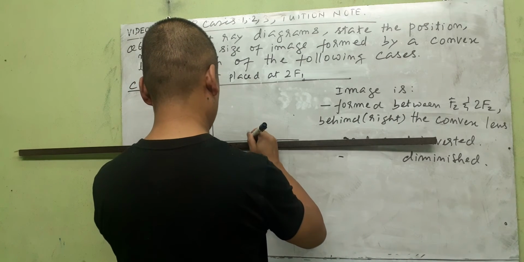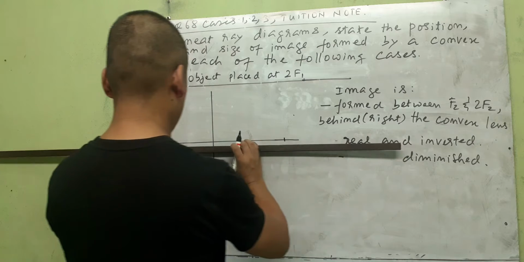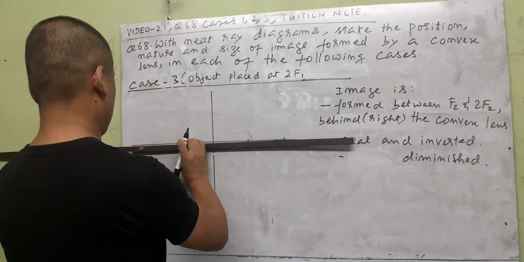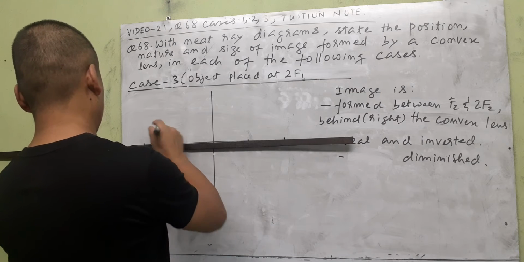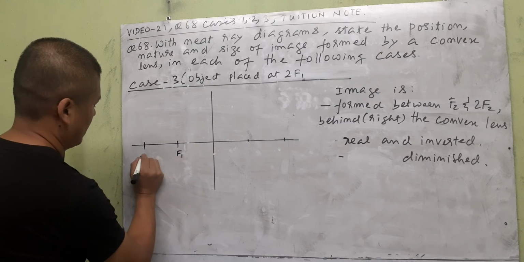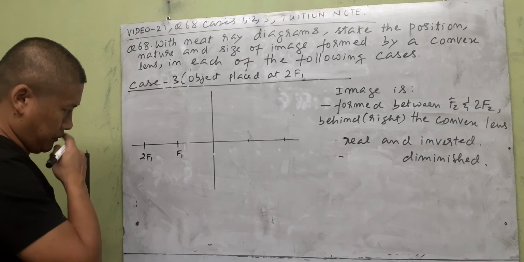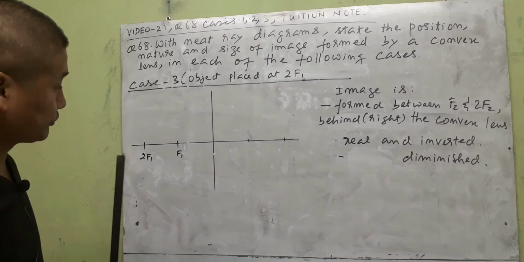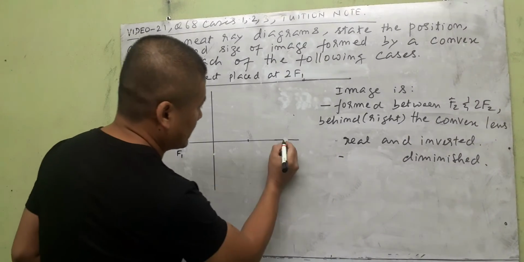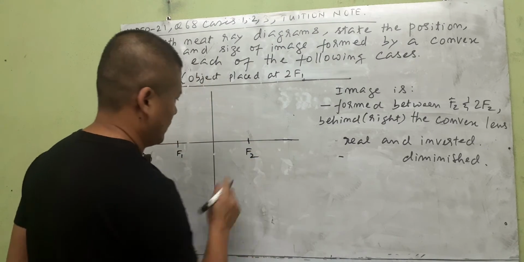So 2 here, 2 here, 2 here, and here also 2. Mark those points, F1, 2F1, and for this one here, don't mark this one. For this case, this is easier like this. Mark only this one, F2.